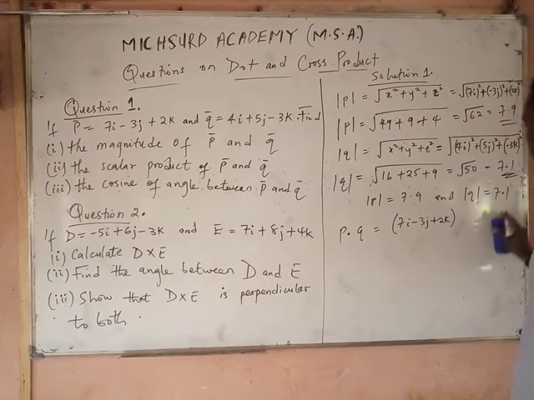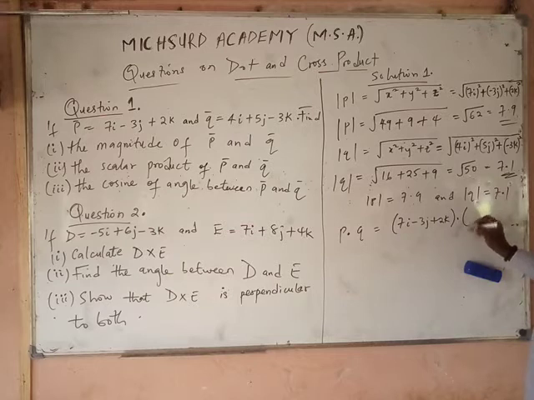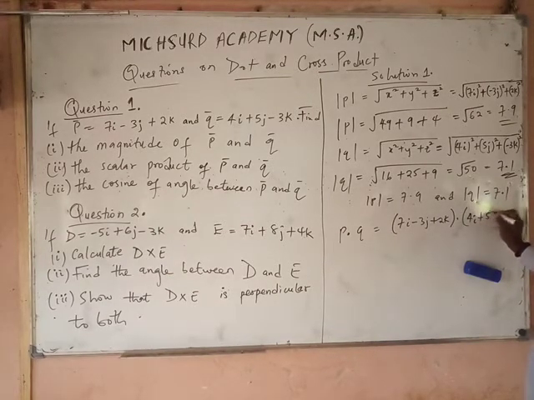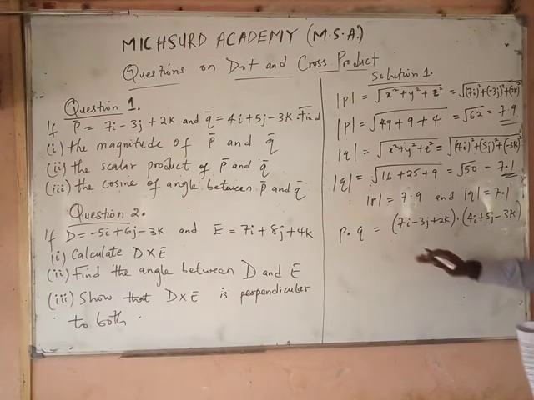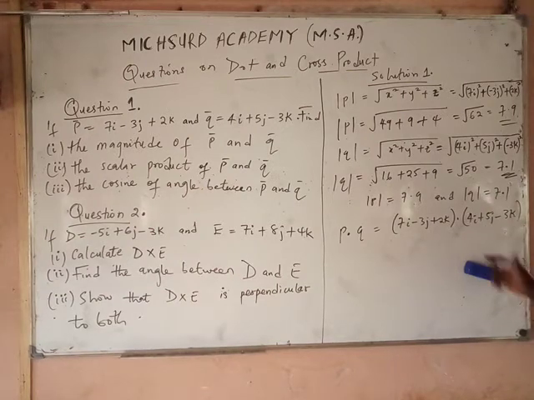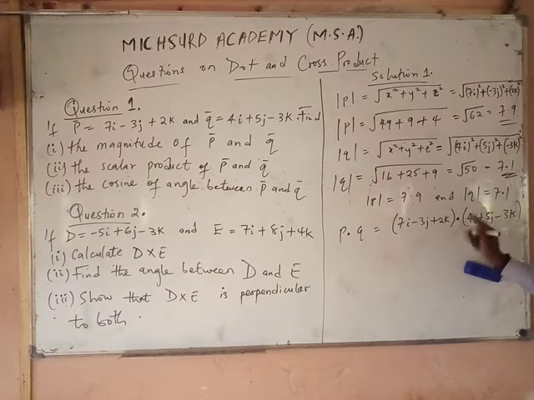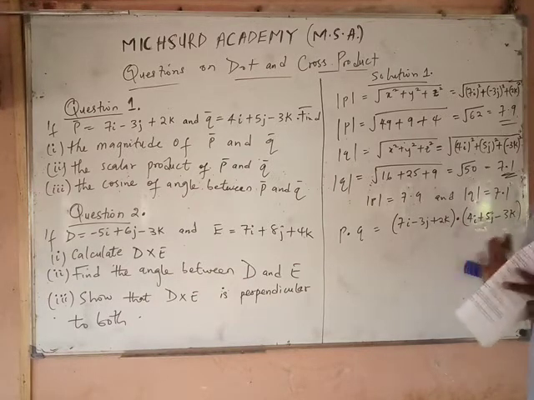Then we take the dot of that with Q, which is 4i plus 5j minus 3k. I will show you a simple way to do this. Since we are taking the dot product, you have to take note: this is for the dot product. When we are doing the cross product, it's quite different.